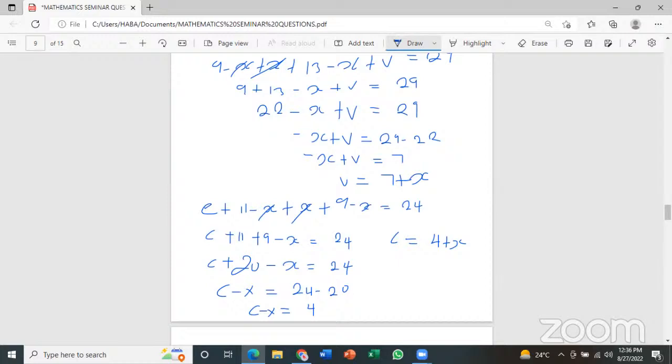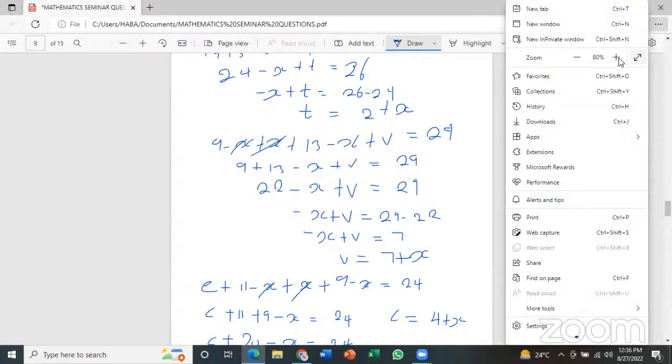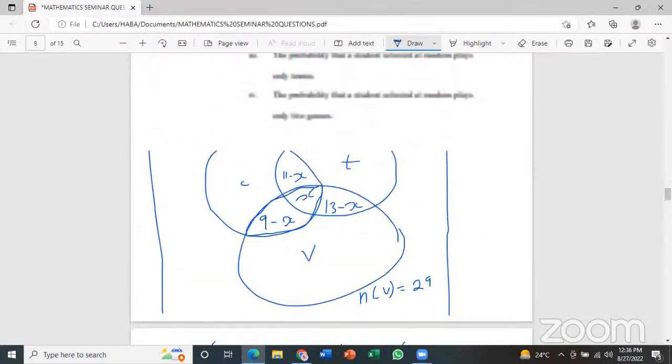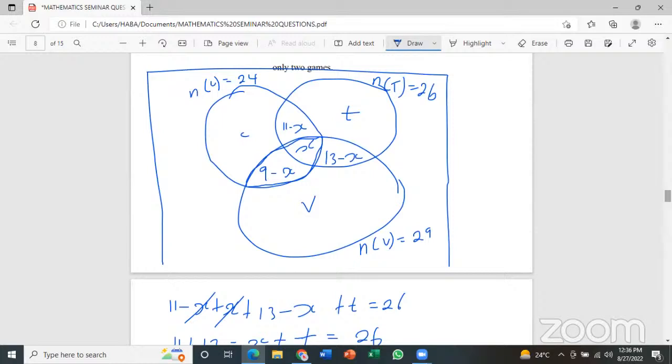Because I don't have enough space, I would request those who wish to take something down to do that, and then we rub off and continue. So those who wish to take something down, please do so, beginning with the diagram.